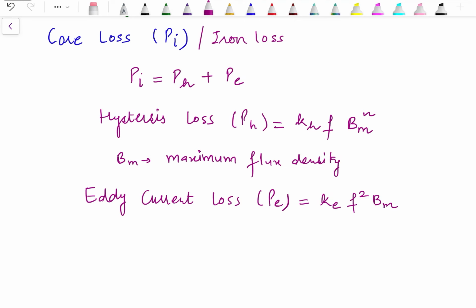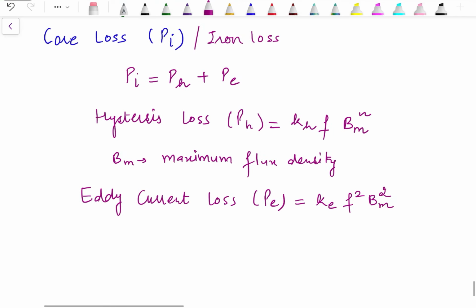Ke is again a constant dependent upon material. f is the frequency, Bm is the maximum flux density, and here this constant n is in the range of 1.5 to 2.5 depending upon the material.